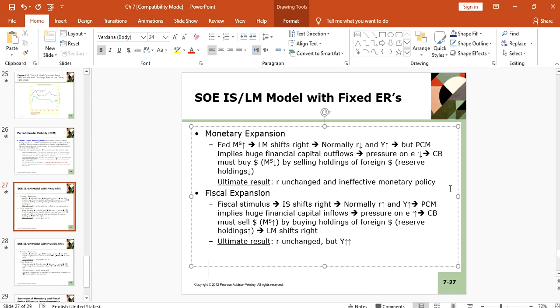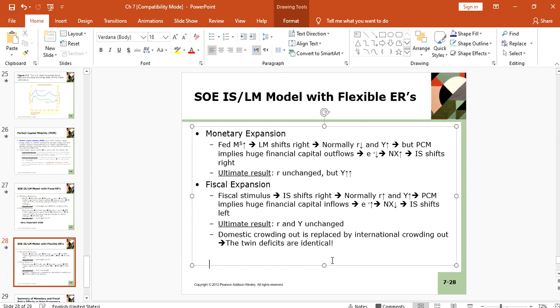Very important slide. The same goes for the following slide. Just remember this, okay?